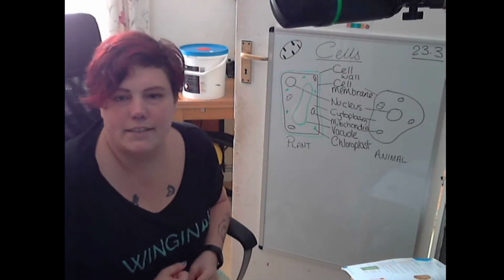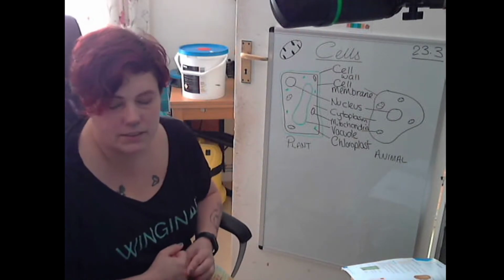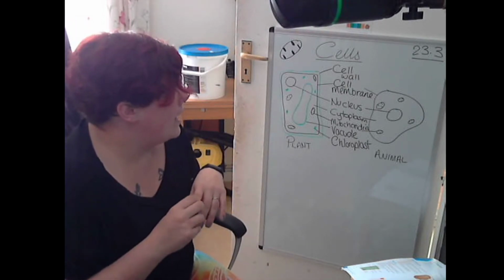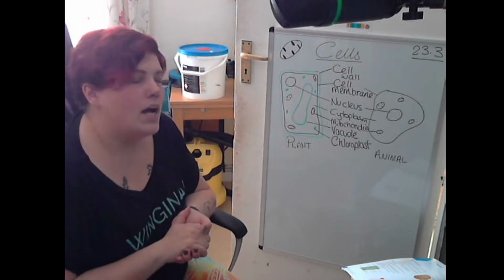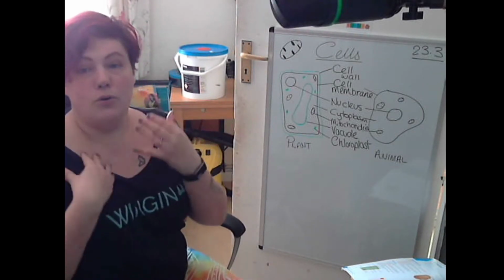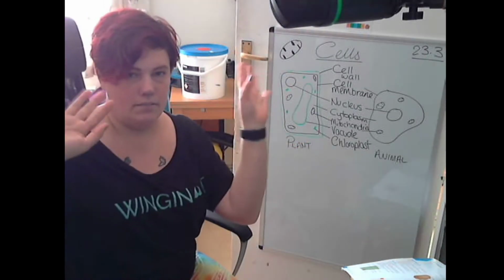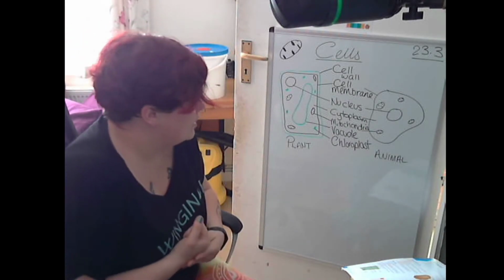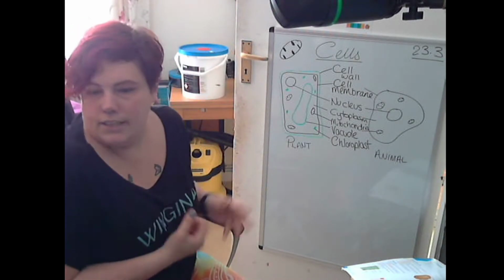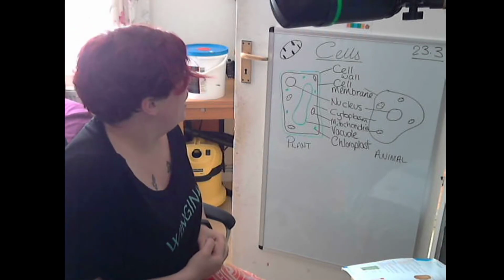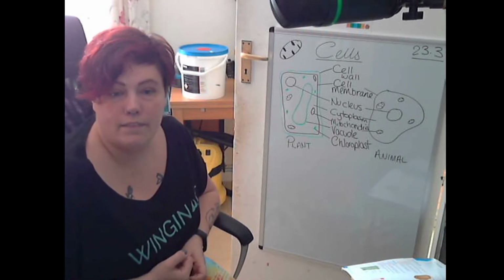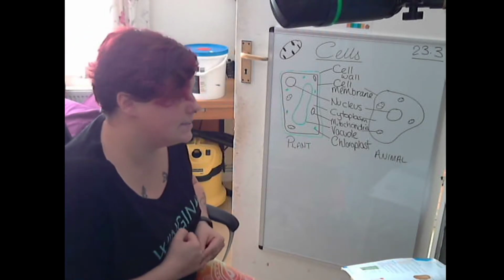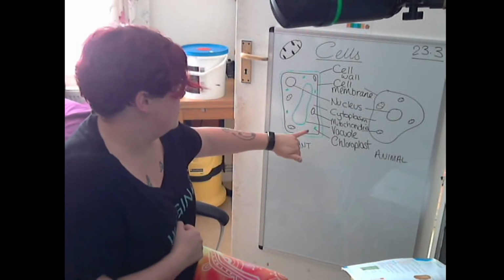That is that they contain a green pigment called chlorophyll, and the chlorophyll is where photosynthesis occurs. So obviously we're not green. We don't go and sit in the sunshine and make our own food. We do not have any chloroplasts. We don't have chlorophyll.